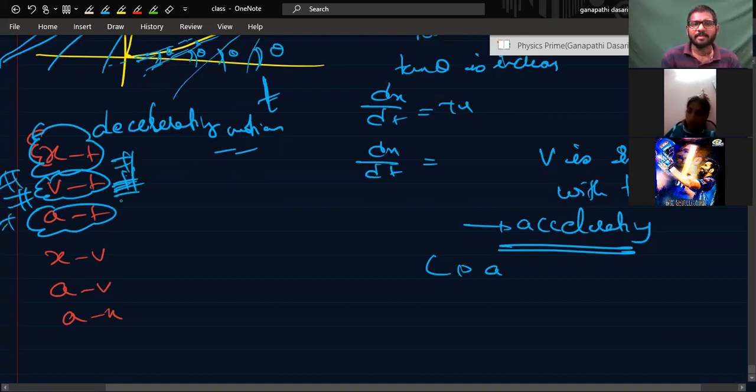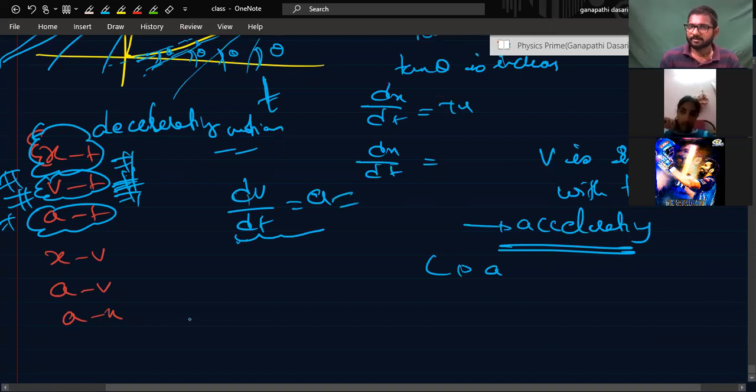Why VT graph is very important? Because dV by dt is what? Acceleration. So if we find out slope of VT graph, we will get what? Acceleration. We know integral VDT. What is integral VDT will give you? V is equal to dx by dt.